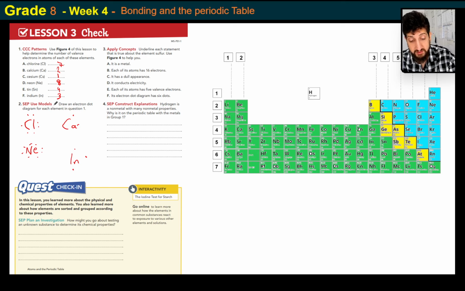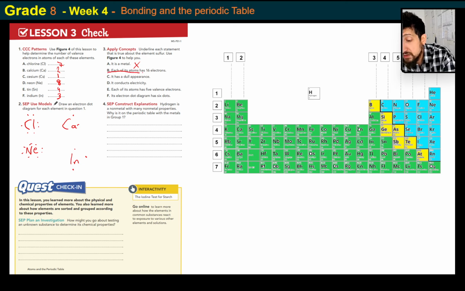Sulfur. What is it, first of all? Where is sulfur? It's over here. So we know it's a non-metal. So properties of non-metals, guys. Is it a metal? No. Each of its atoms has 16 electrons. Oh, yes, it is, because it is number 16.